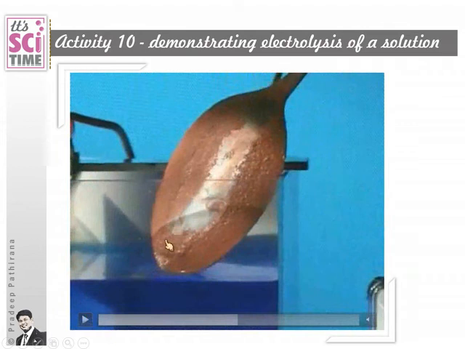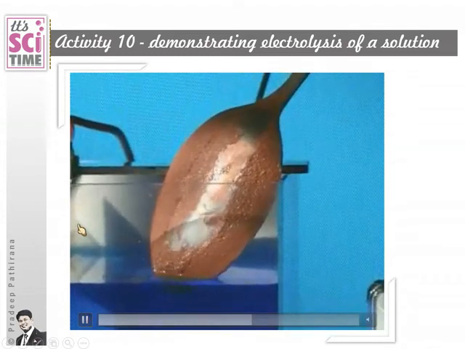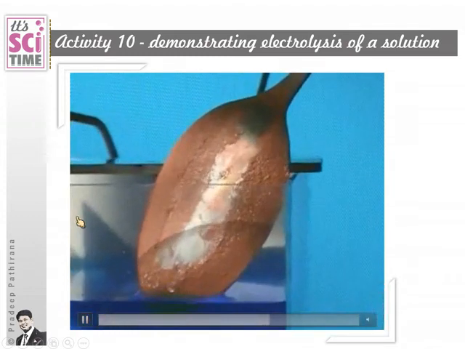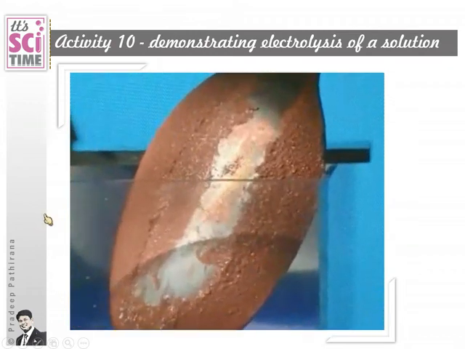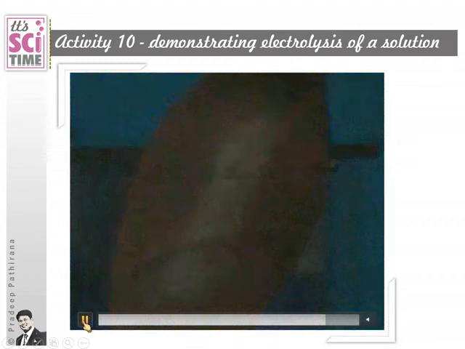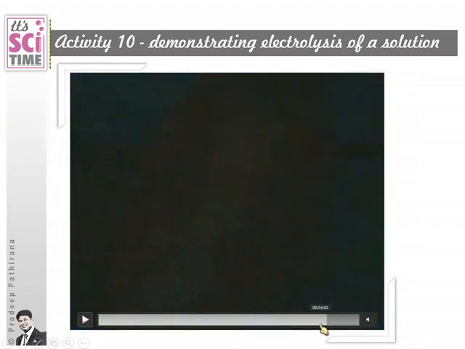The coating is not good. If you want to plate a good coating, you have to supply less current, with a small current we should do this process. It will take a long time, but you can obtain a good coating. So this is activity number 11, plating an object using electricity.